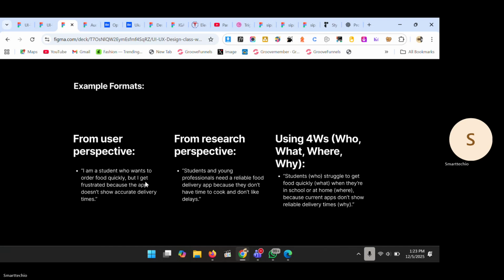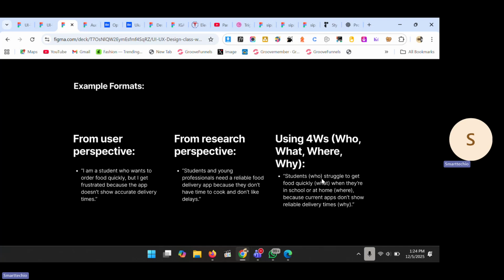For example, from the user's perspective: I'm a student who wants to order food quickly, but I get frustrated because the app doesn't show accurate delivery time. From research, students and young professionals need a reliable food delivery app because they don't have time to cook and don't like delays. So how might we, using the four W's?